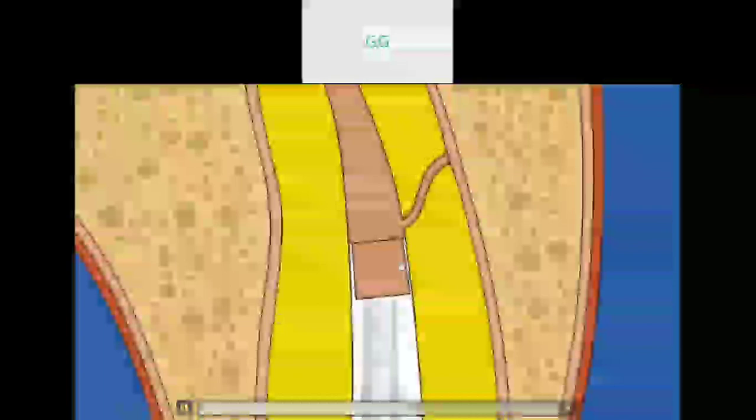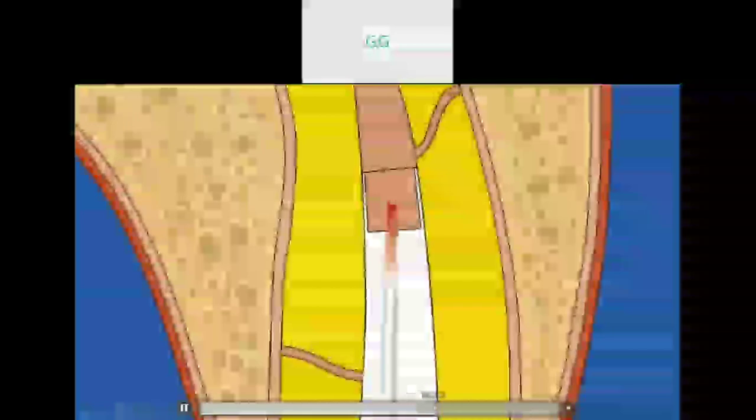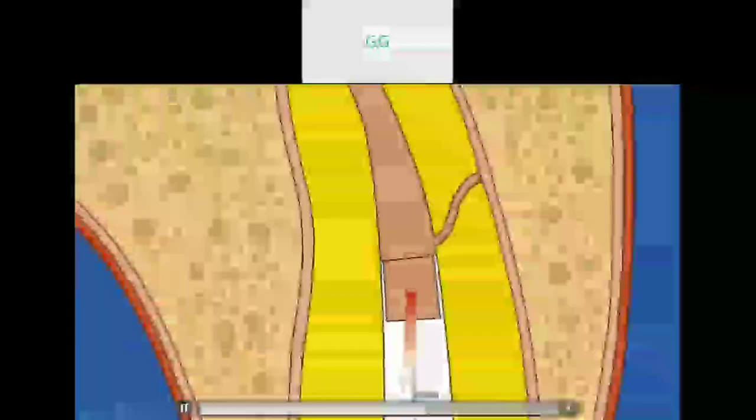So this is how we place the GP segment, after which the plugger is carried forward and compacted over this heated segment. As the plugger is compacted, the core of the root canal system or the core of the GP is again filled back, but in the opposite direction. Like we remember while doing the down pack, we had to go from coronal to apical part.